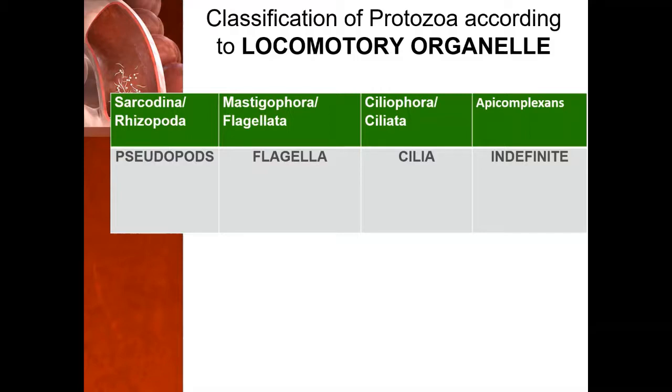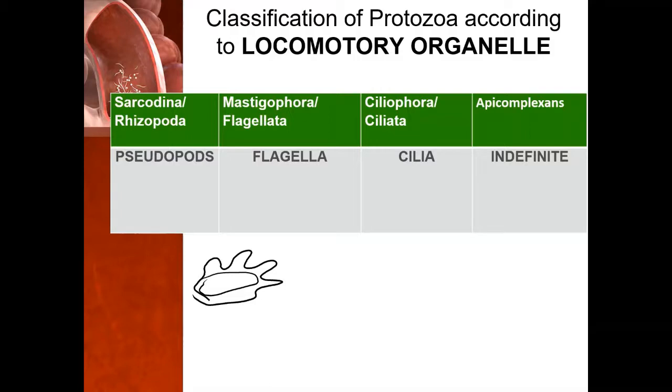So let me draw. Pseudopods are like finger-like structures present in their ectoplasm. Try to imagine your hand placed on a surface, pretending to crawl. That's how this locomotory organelle is, a finger-like organelle.